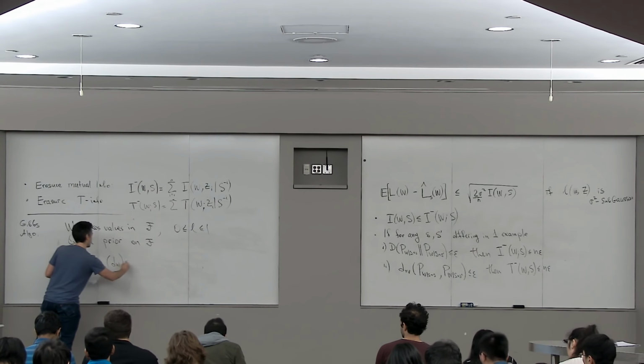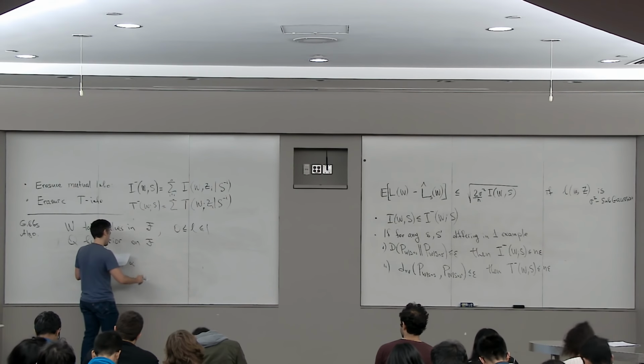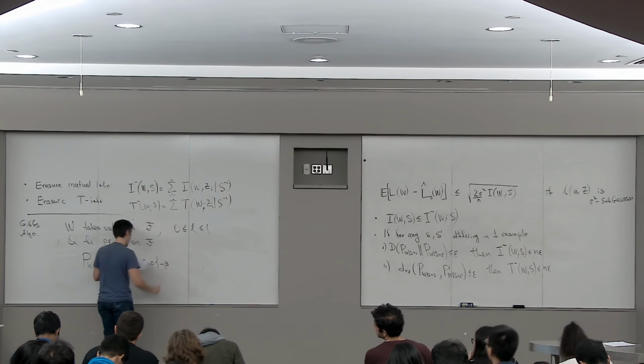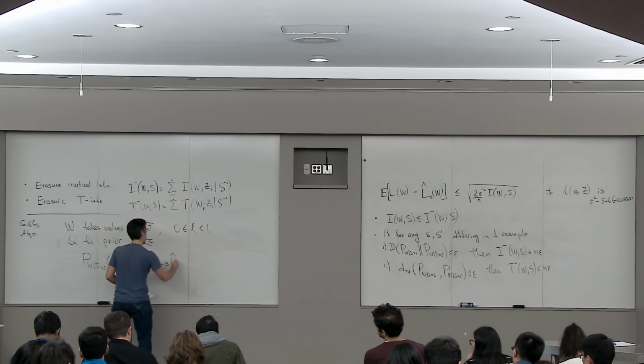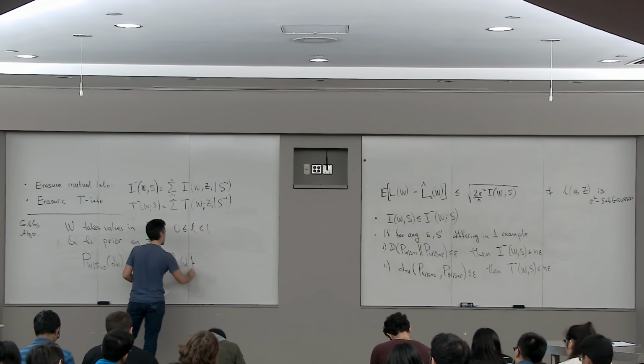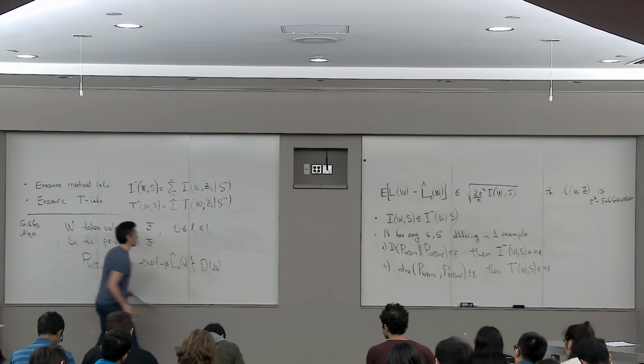W is, so I'm going to put a measure proportional to e to the minus beta times the empirical performance L hat with respect to the set S of W, times Q(dw). Right.